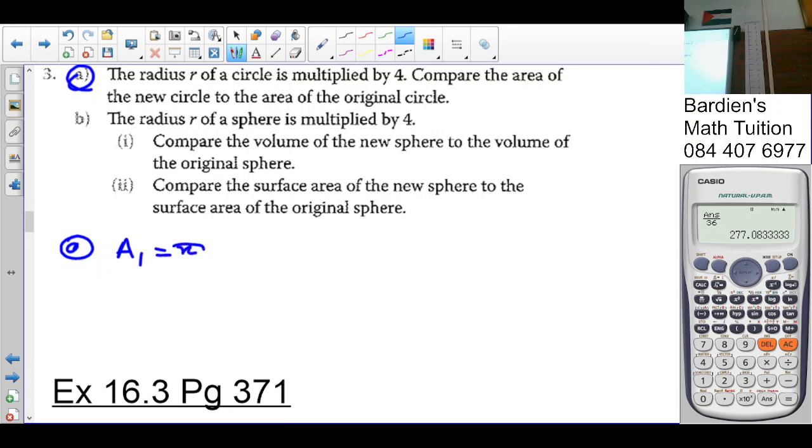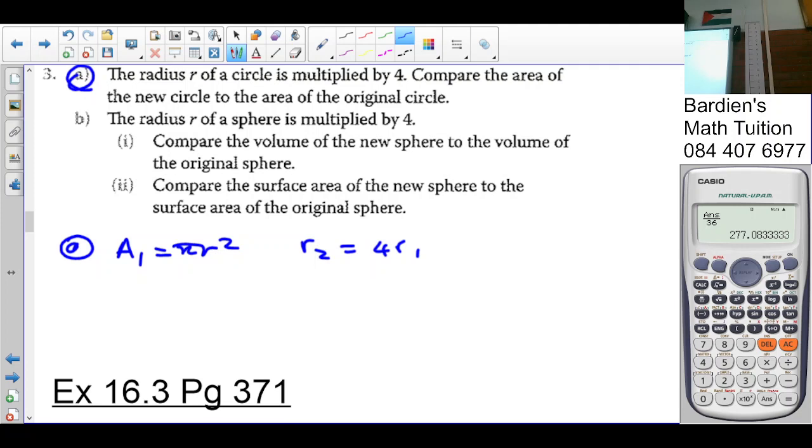So the area of the first circle is pi r squared. The radius of the circle is multiplied by 4. So the first radius is R, so the second radius will be 4R. You all agree with that?